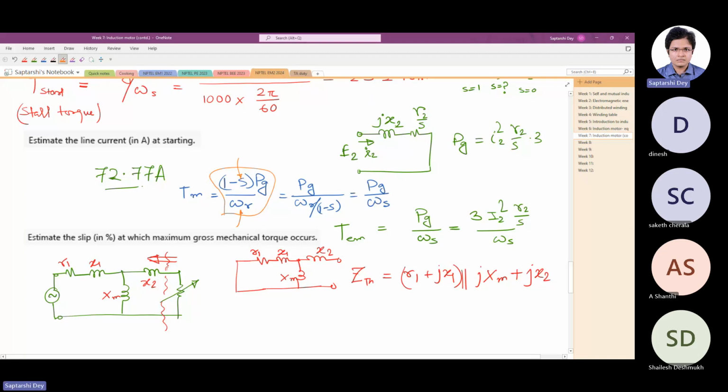So when you are differentiating, in such cases, it's not a simple differentiation. So we have to make sure that there is only one variable. If I now express the torque as this, I have only one variable, S. And I have to make sure the maximum current flows through it.